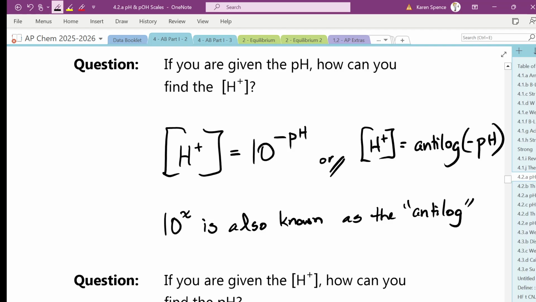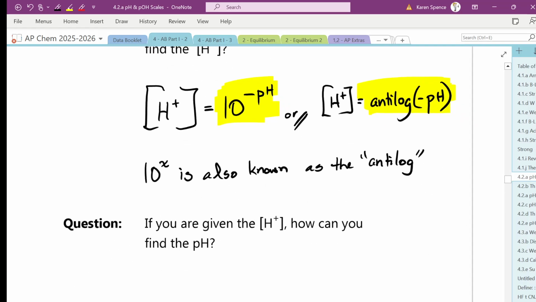Those two mean exactly the same thing. I find this one is much more attractive because it's nice and short, but if you want to write the other, you certainly can. There's nothing wrong with it. You should just be aware that antilog is a word we use, and it means raising 10 to the power of whatever that thing is.